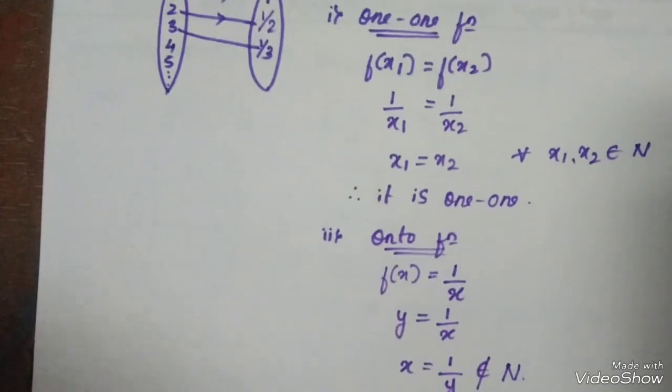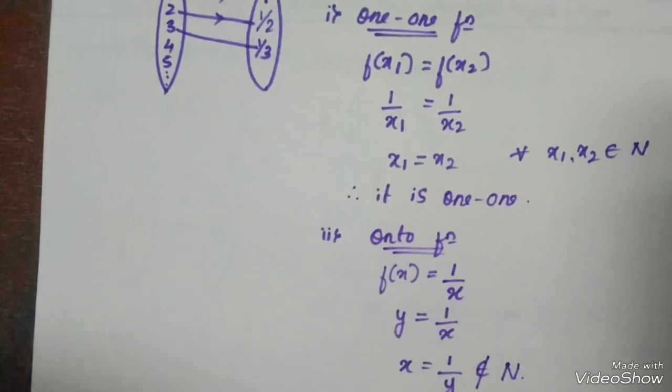Therefore, the given function f from natural numbers to real numbers R star is 1-1 but not onto. Hence the proof.